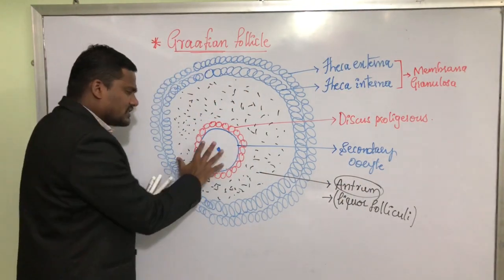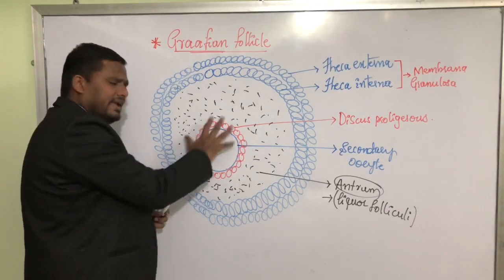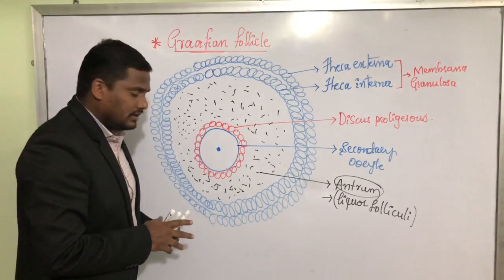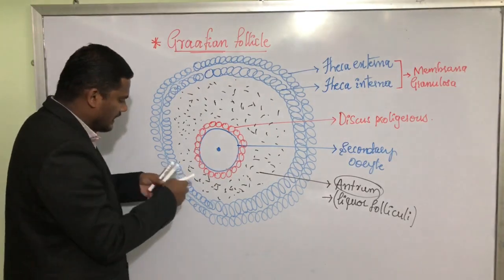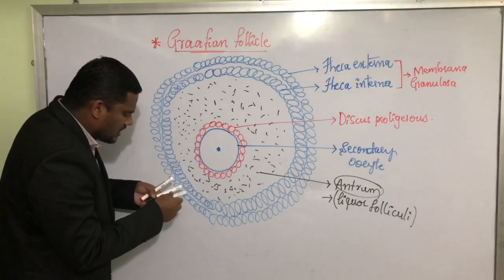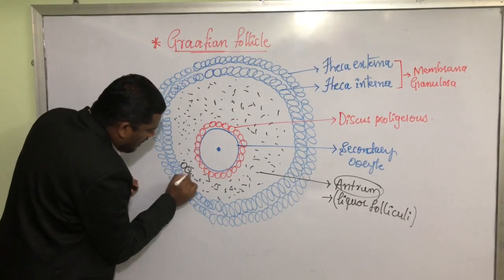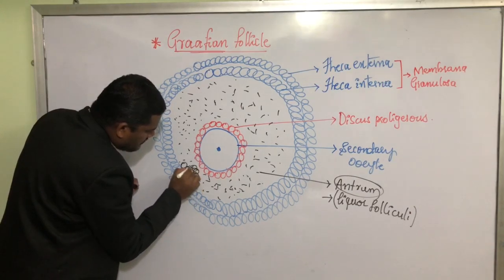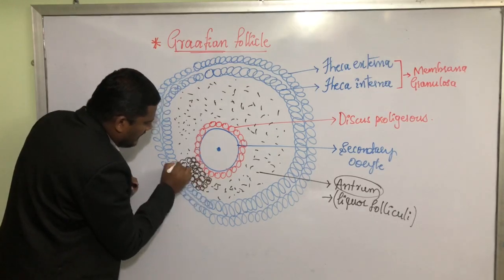Now, this secondary oocyte and the discus proligerus are not floating inside this cavity. There is a fixed attachment here. Here we have a certain mass of cells. They hold the secondary oocyte structure in the cavity.